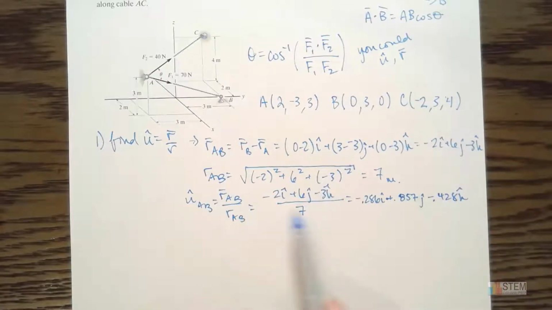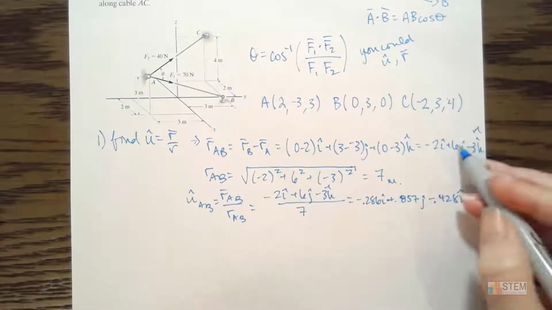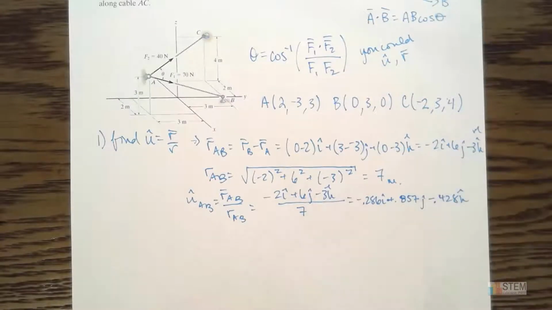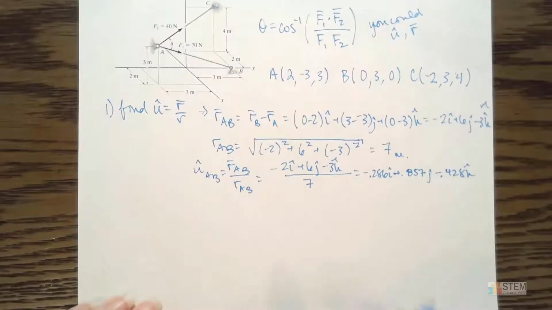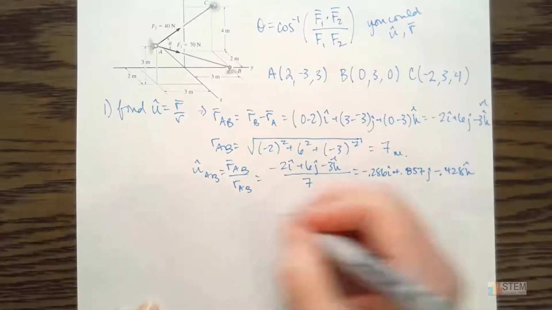Notice there are no units on unit vectors. Both the position vector and its magnitude are in meters, so the meter terms cancel out, so this has no units. We can use this unit vector in just a second to find our force vector. We'll do that in step 2.